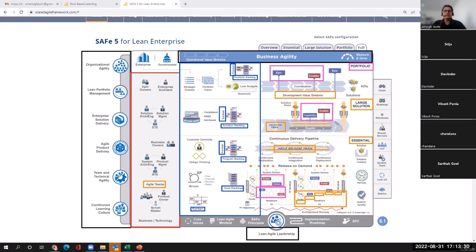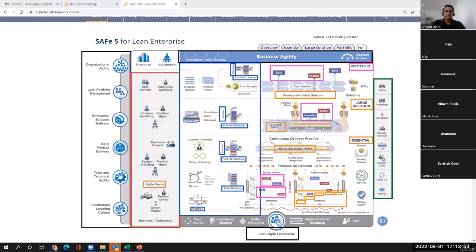On the right hand side here, there are certain items which in SAFe we call the spanning palette. As a painter has a color palette, similarly these items can be used anywhere on the SAFe big picture, meaning at any level.